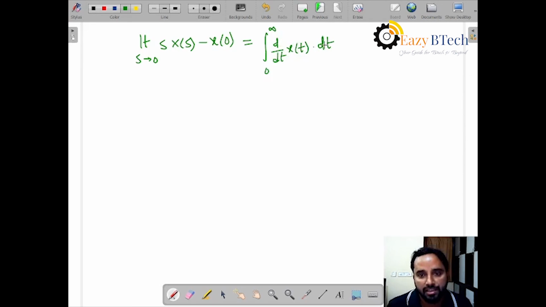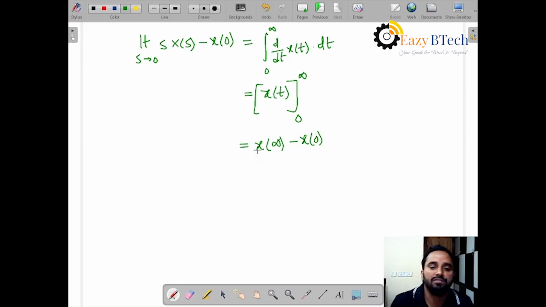Here integration and differentiation are in the same domain, so they cancel. What remains is x of t with limits 0 to infinity. Substitute the upper and lower limits: the upper limit gives x of infinity, the lower limit gives x of 0, so x of infinity minus x of 0. And on the left side we have limit s tends to 0 of s into X of s minus x of 0.